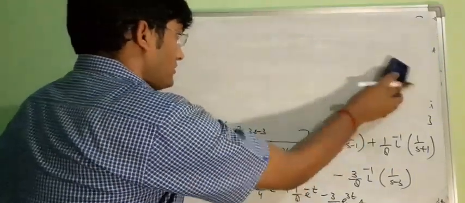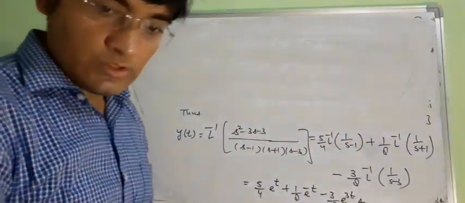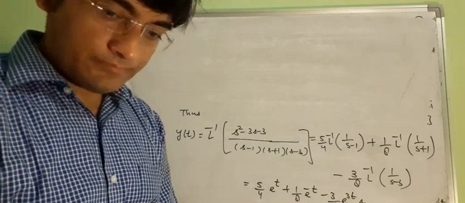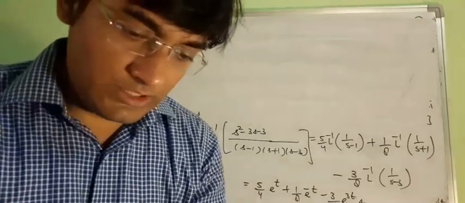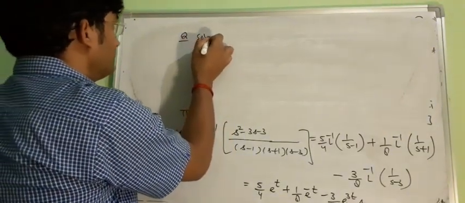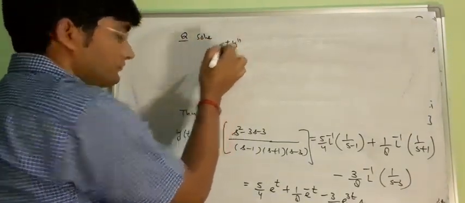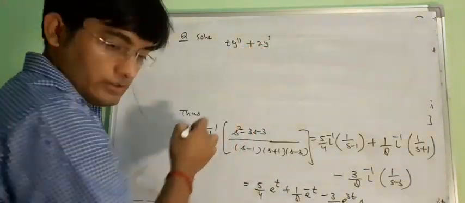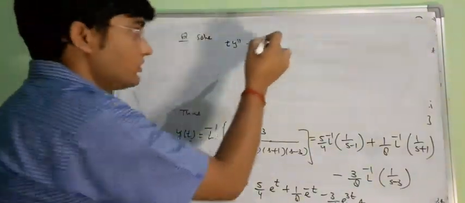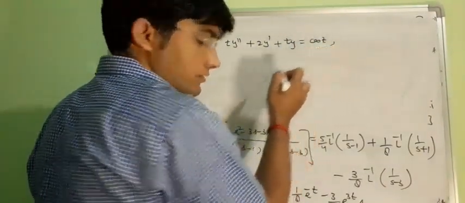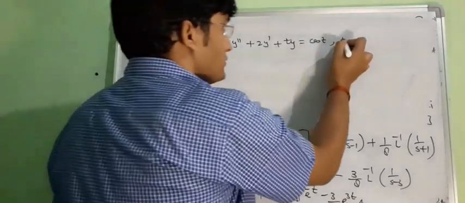Let us solve another question. So solve t y double dash plus 2y dash plus t y equal to cos t, where y dash 0 is 1.